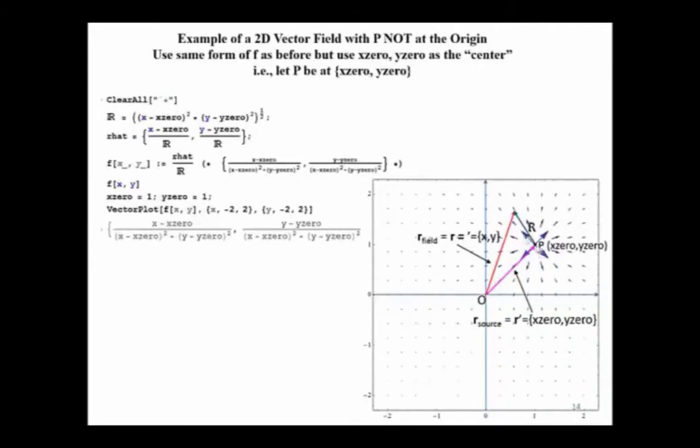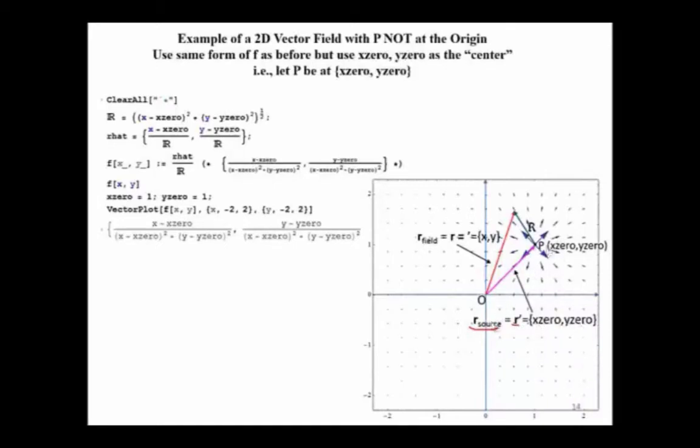This is the same vector field plotted in 2 dimensions, where instead of using the origin, we use the point x0, y0. So what that means then is that the source point of this field is at this r prime, and that's equal to x0, y0, which is right here.